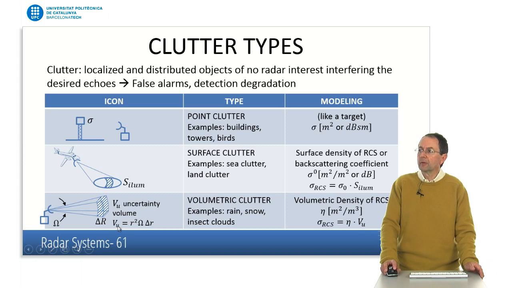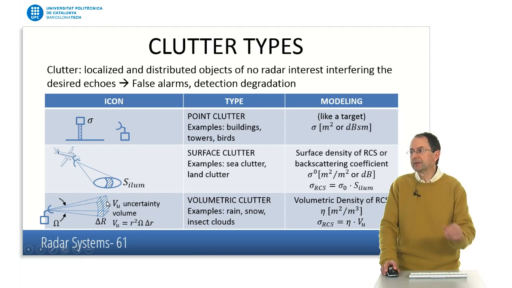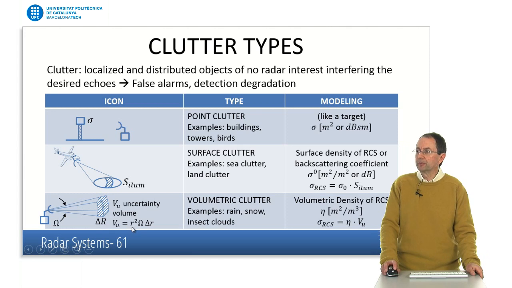The uncertainty volume is just the product of the range resolution by the surface front beam of the antenna, which can be obtained by r squared multiplied by the solid angle of the antenna beam. So if we multiply the volumetric density of the radar cross-section of this volumetric clutter by the volume of uncertainty of the radar, we obtain the radar cross-section of this clutter in this case.